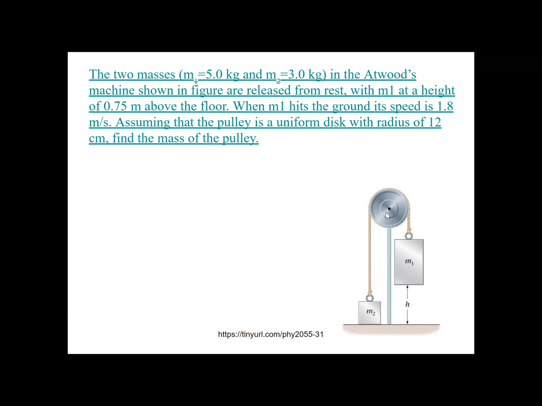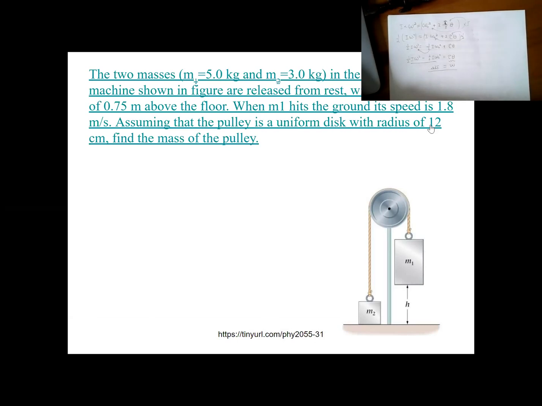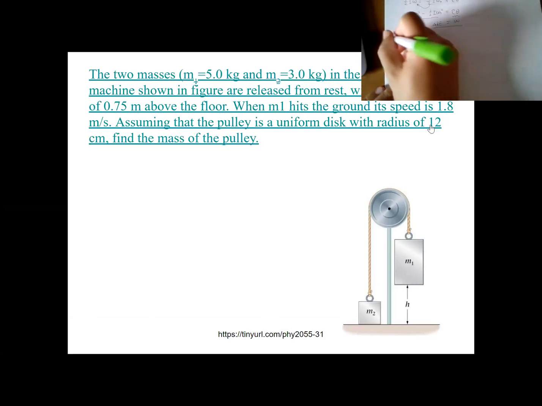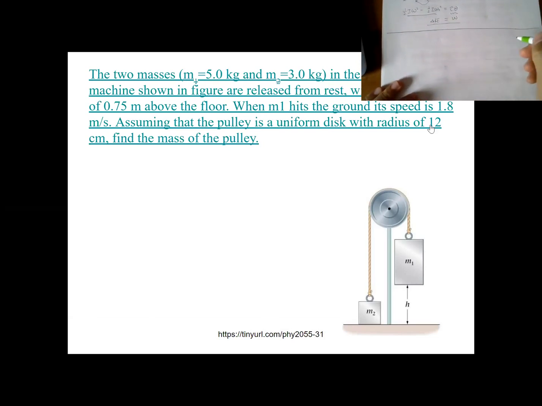Let's take a look here. This one says find the mass of the pulley, so that indicates the pulley is not an ideal pulley. You need to find its mass; it's not massless. So M1 here, M2, and then this H, 0.75 meters.